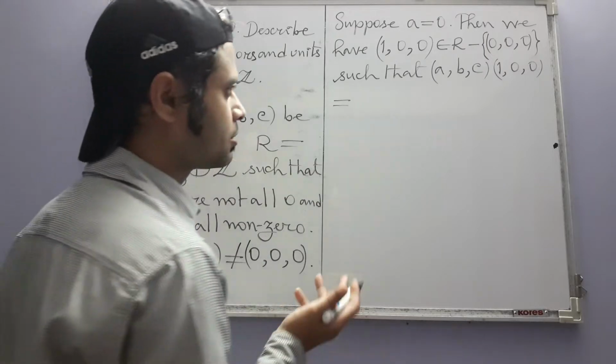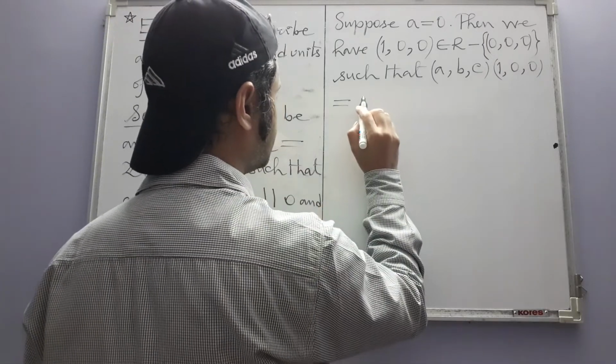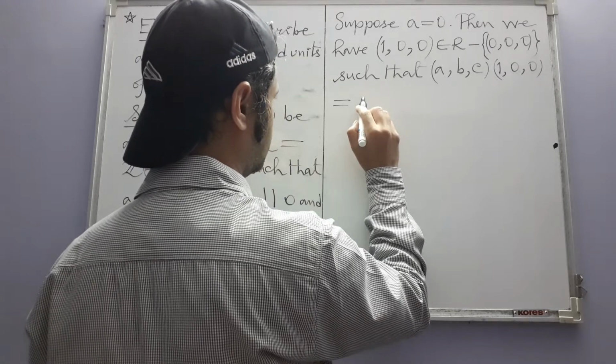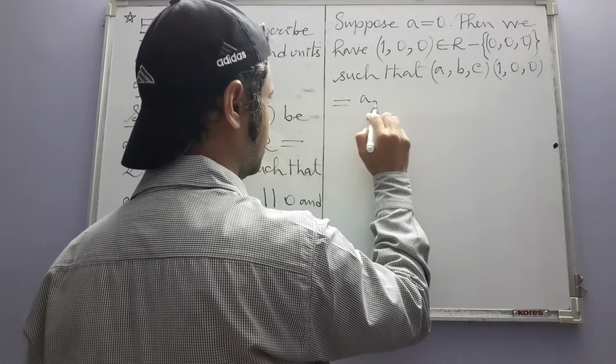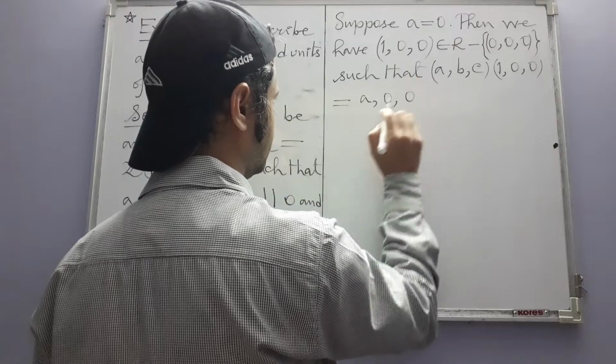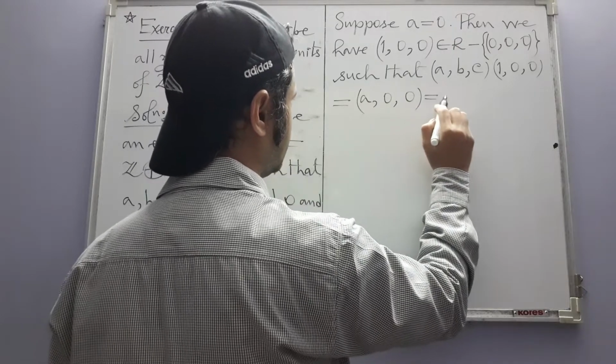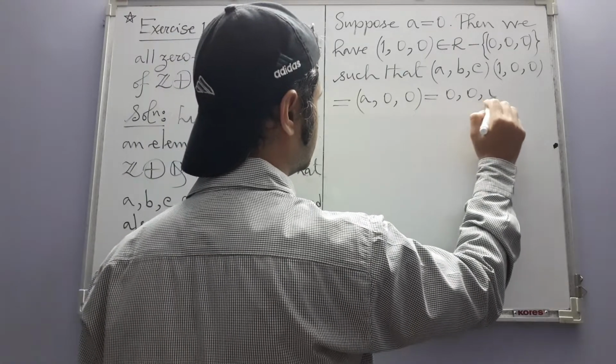This product is done component-wise. So you get a times 1, which is a, b times 0 and c times 0, but a is 0, so you are getting the zero triple.